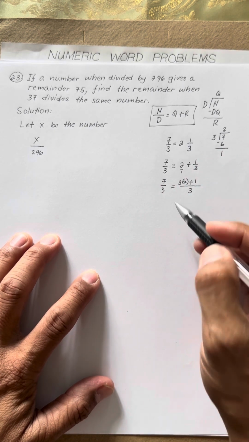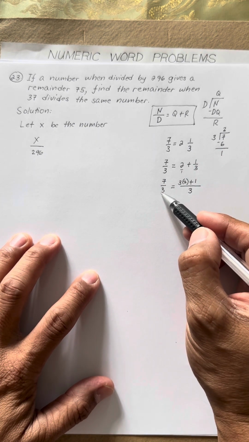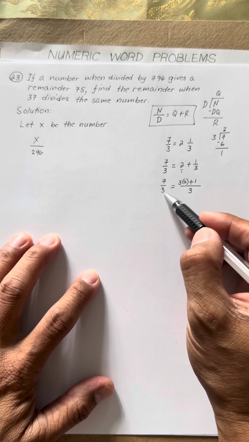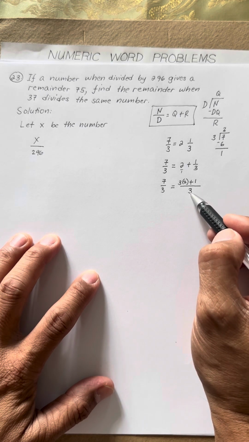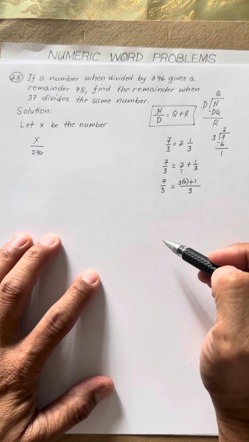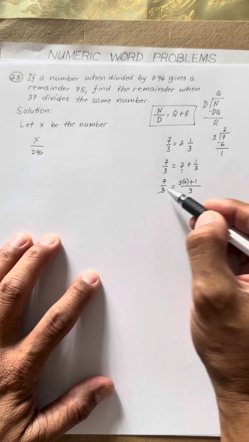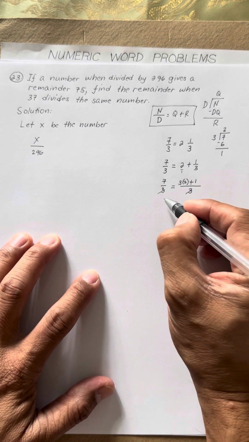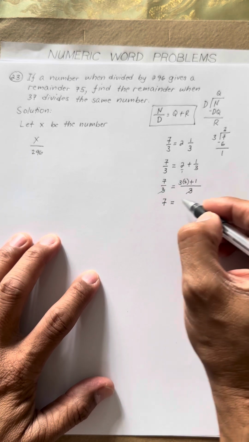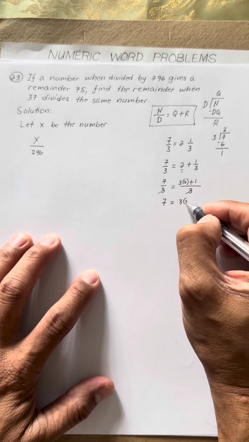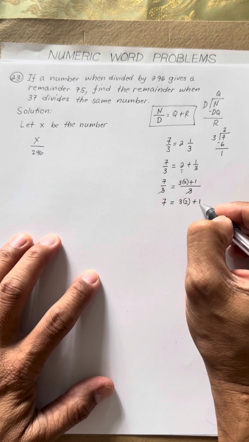Then we have 3 on the left side, denominator, and 3 on the right side, denominator. If we multiply both sides by 3, what will happen? This 3 cancels out, right? So we have 7 is simply 3 times 2 plus 1.